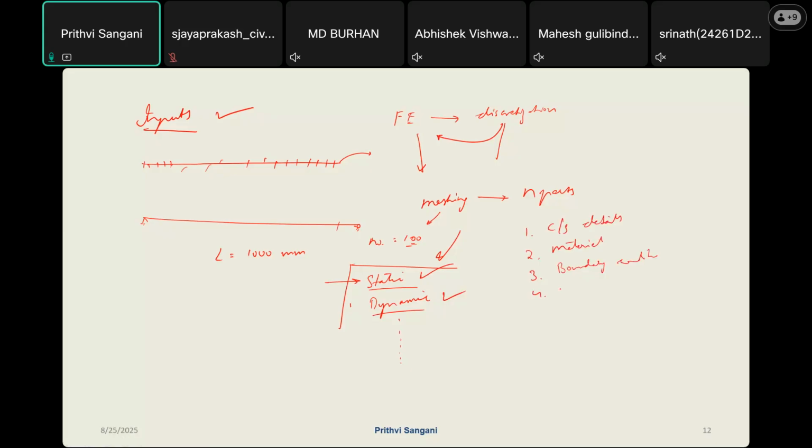Fourth one, you have meshed. Okay, meshing. Fifth one is type of analysis. Is it static or dynamic? So once you do all these things, you are almost ready to go for your analysis. You can run the analysis. Then what you will do is you will run the analysis.